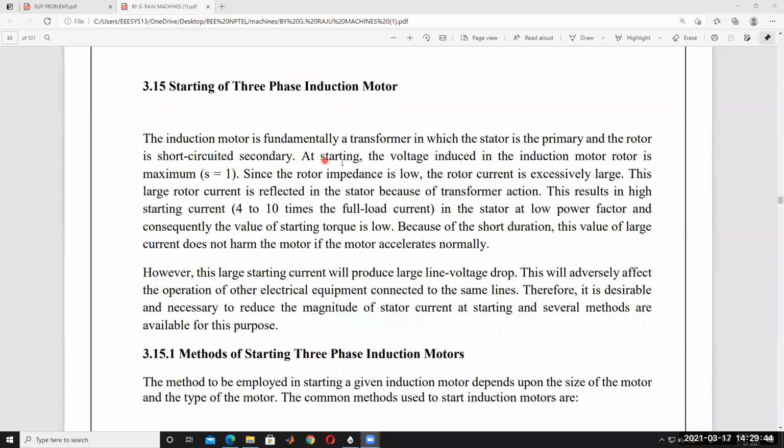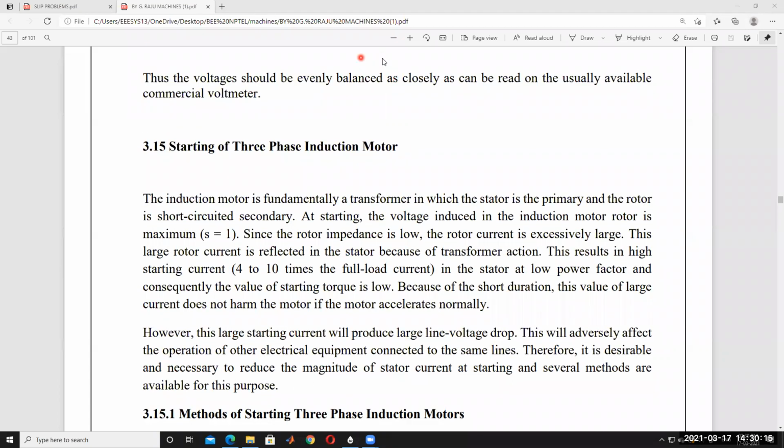At starting, the voltage induced in the induction motor rotor is maximum at starting. Slip is equal to maximum. Am I right? Since the rotor impedance is low. You know well, at starting condition, what is the speed of the rotor? 0. Am I right or not?